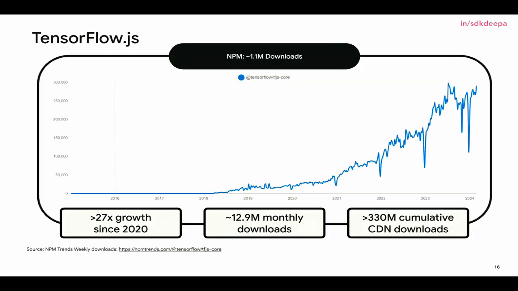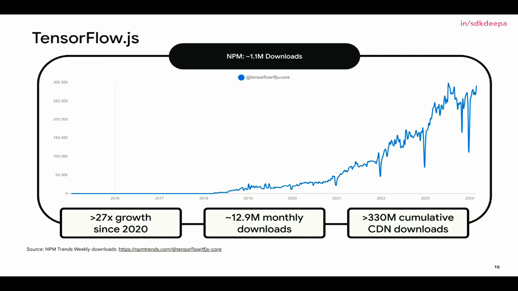So this is from NPM Trends. If you see the number of downloads over the period of time, it has increased over 1 million downloads. So having said that, it's consistently growing, and it's going to keep growing over the next few years too on the client side.